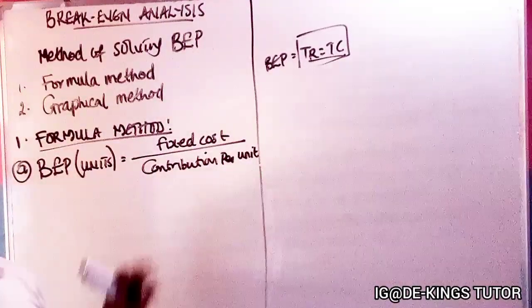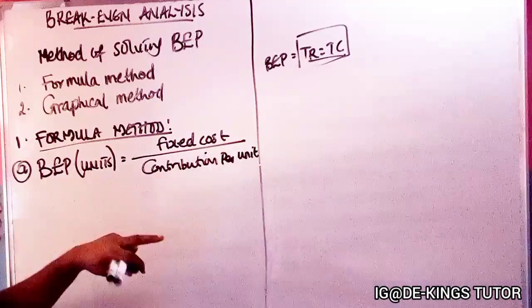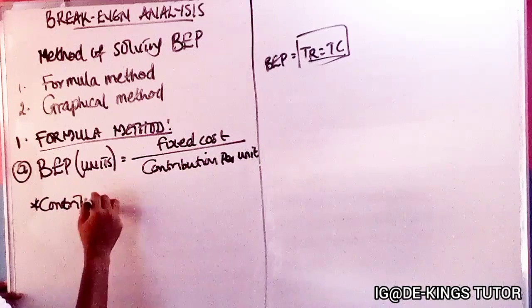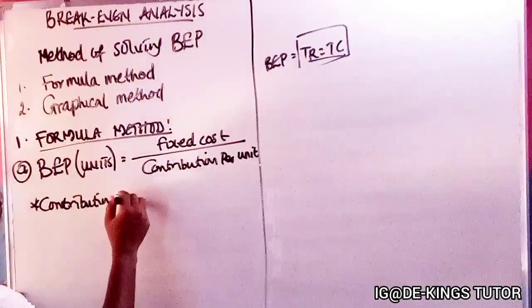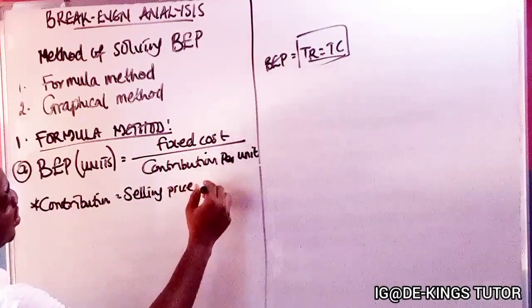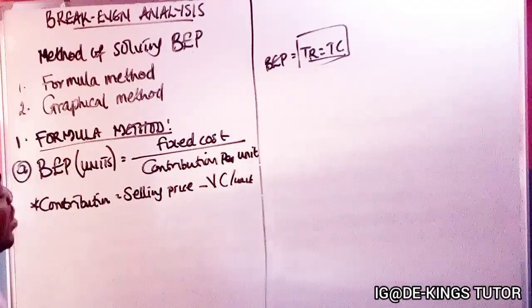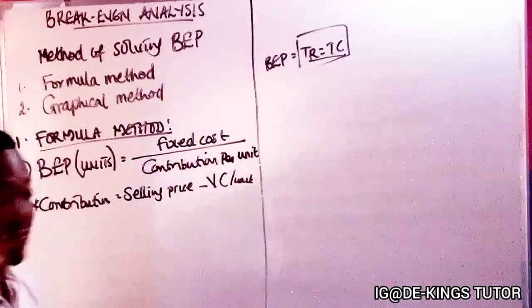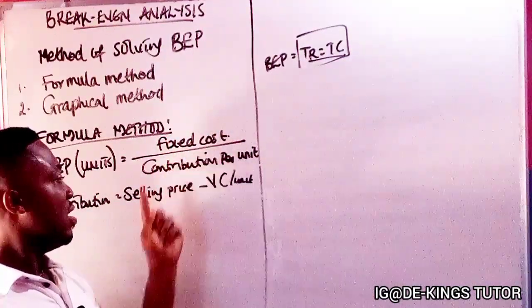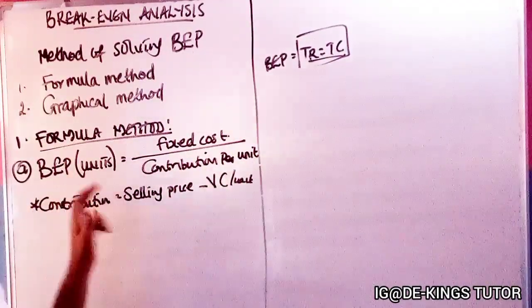And remember, I've said it before that the formula for contribution per unit is the selling price per unit minus the variable cost per unit. So the break-even point in units is the fixed cost over selling price per unit minus variable cost per unit. Still the same thing. Okay, so that is the break-even point in units.